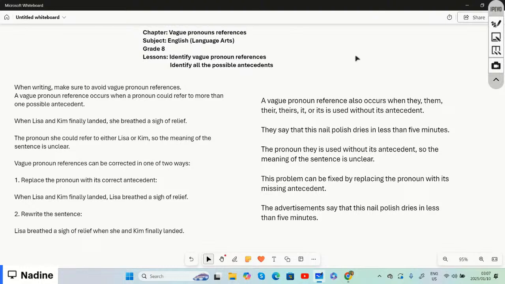All right. So when it comes to vague pronoun references, the word already gives us the indication, right?